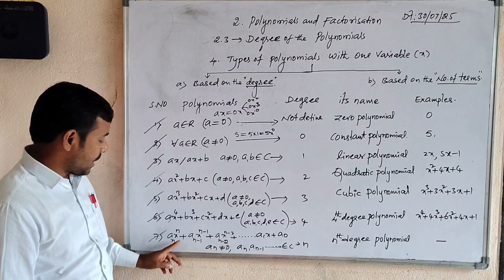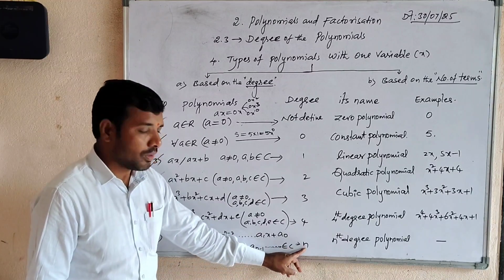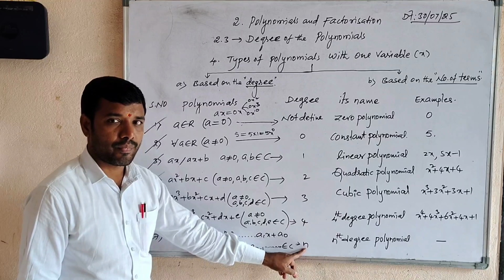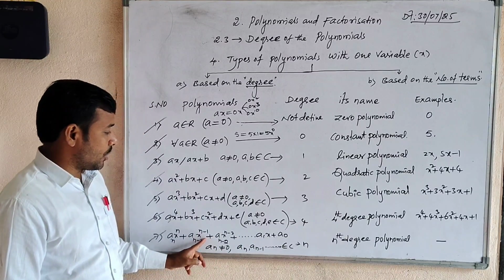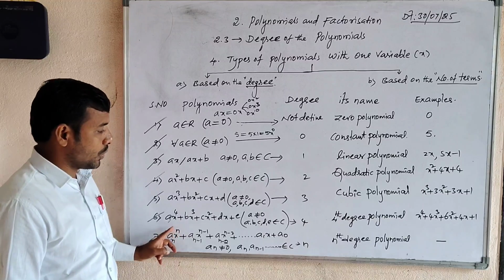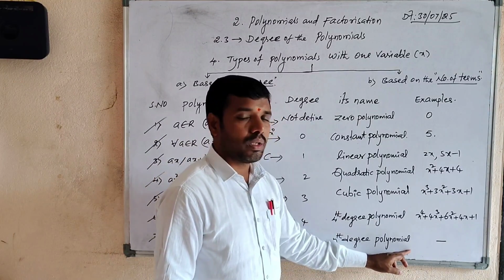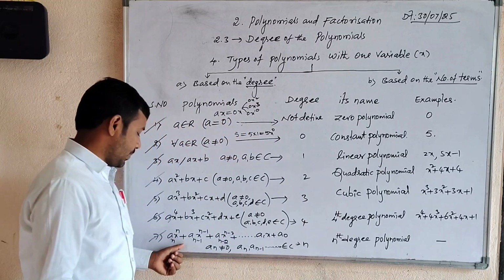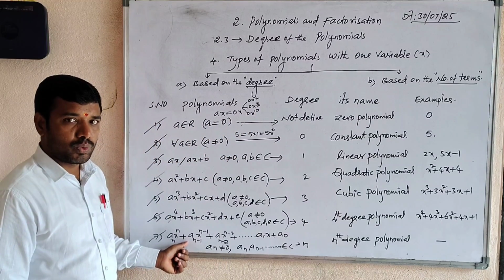And whatever the degree of this one, its degree is n only. So this is one of the polynomials whose degree is n. So for that reason it is called an nth degree polynomial. Once again, it is very important. It is one kind of polynomial whose degree is n.